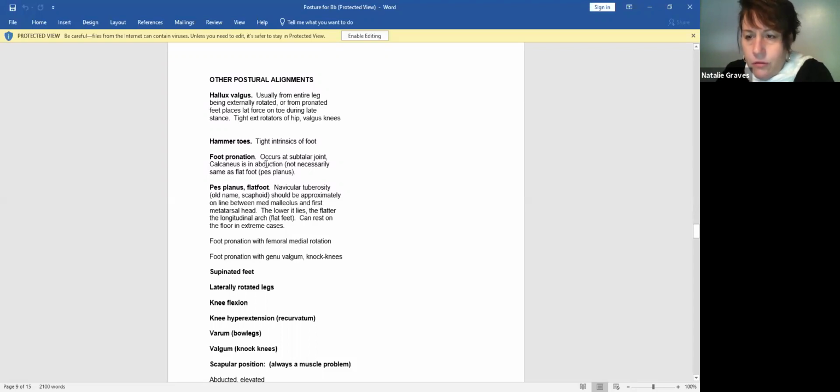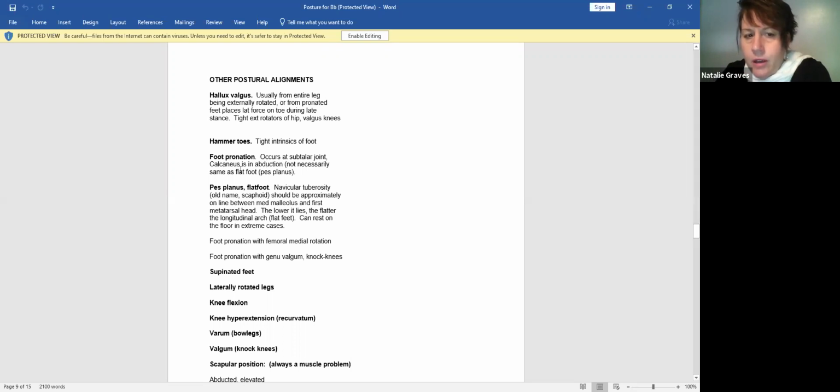You're going to look for foot pronation, which if you're a pronator, you're going to be bearing weight on the medial side of your arch. This is at the subtalar joint. Remember, pronation and supination of the foot occur at the subtalar joint. The calcaneus will be in abduction.